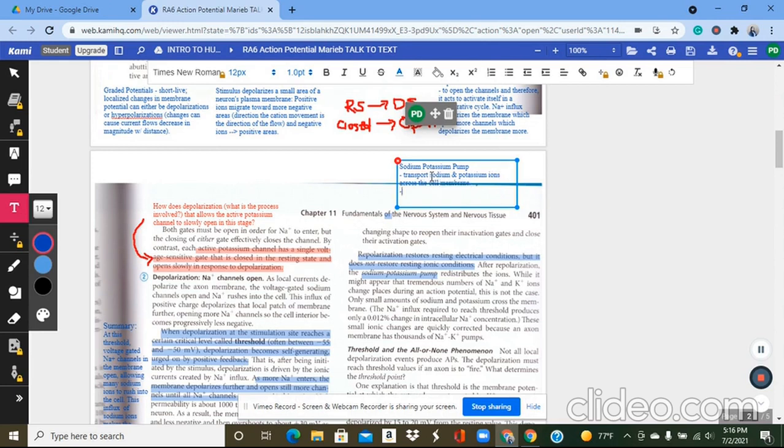And with that being said, it is important because it stabilizes the membrane potential and it's essential for creating the conditions necessary for firing the action potential.